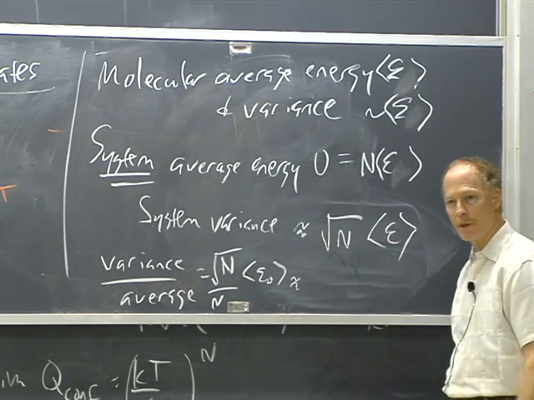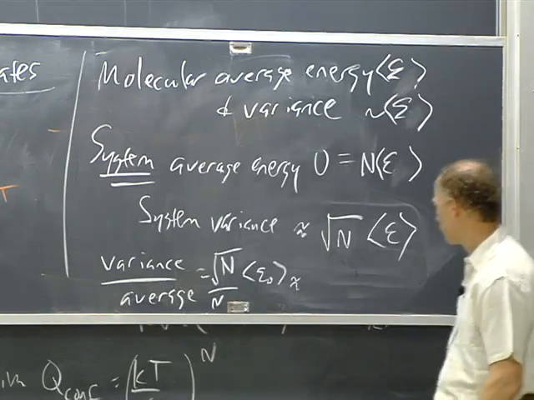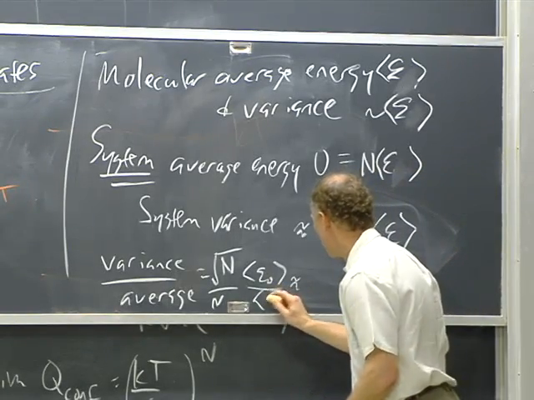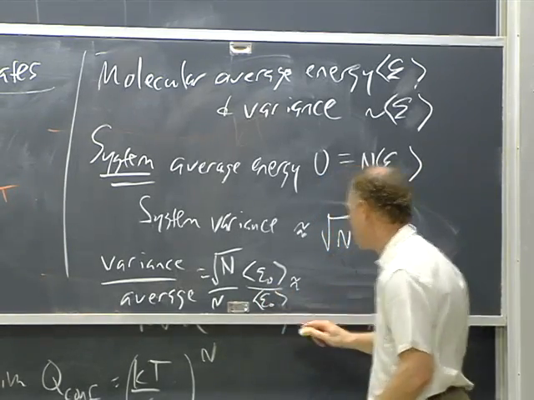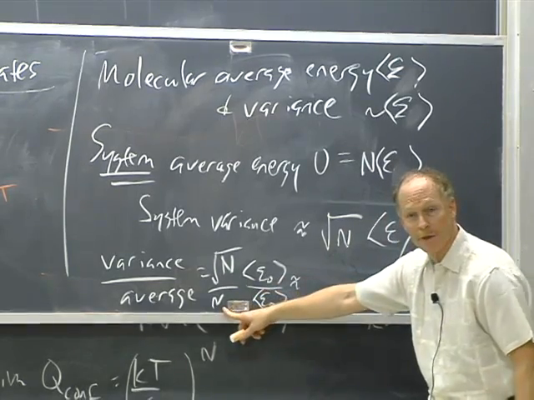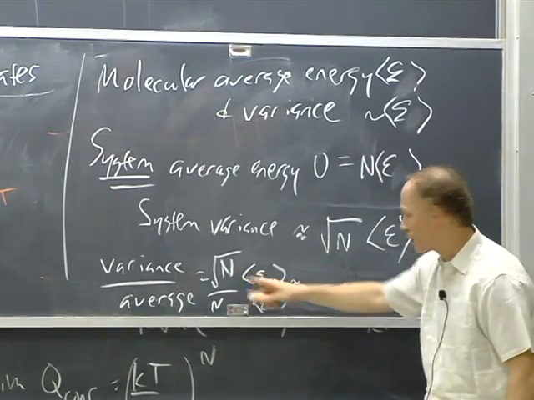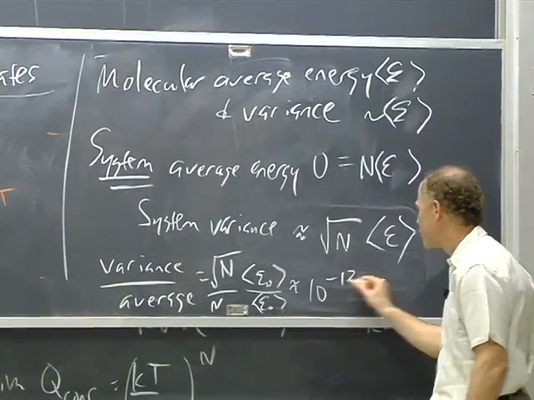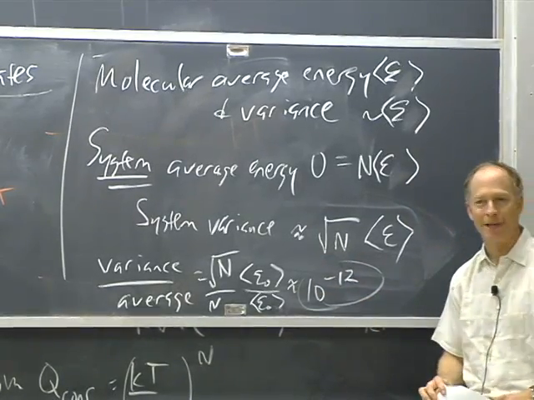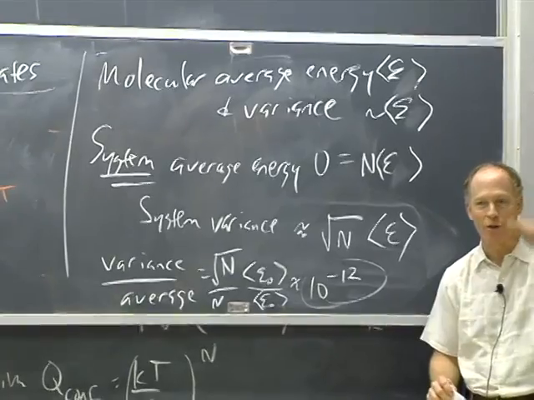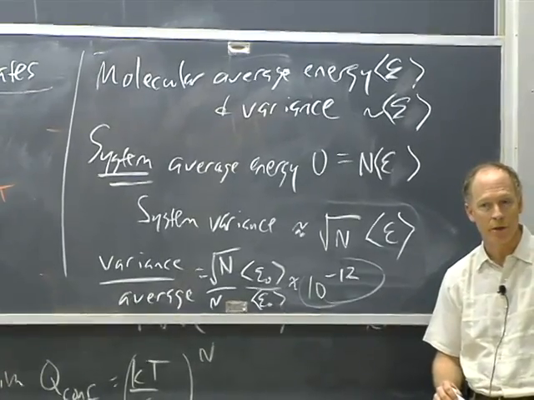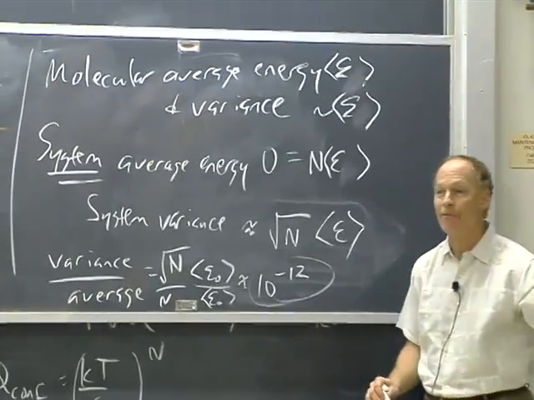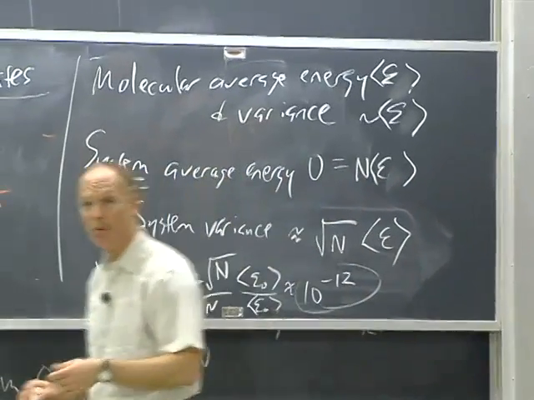So this is 10 to the 24th, this is 10 to the 12th. It's on the order of 10 to the minus 12. An incredibly tiny fractional variation in the system energy. There would be no practical way to measure it.